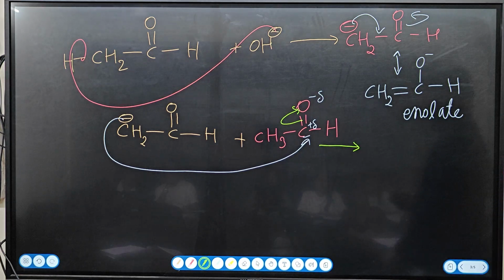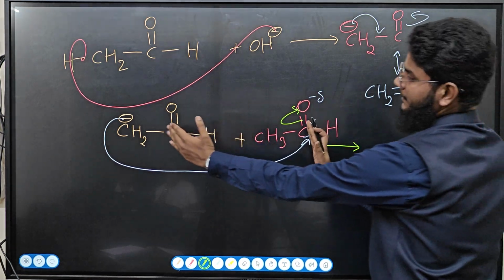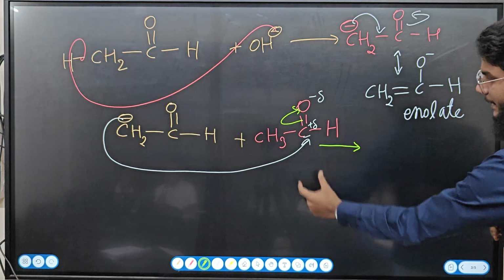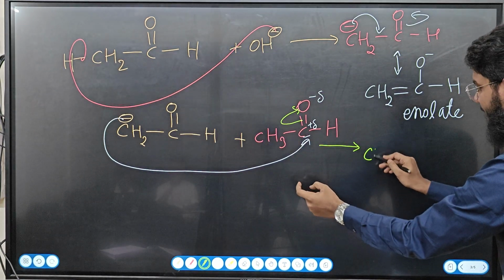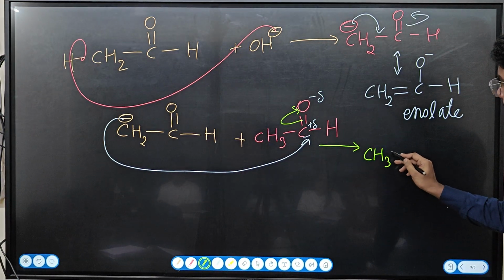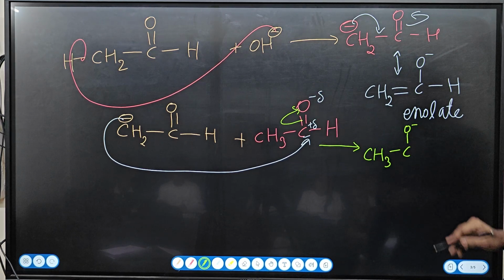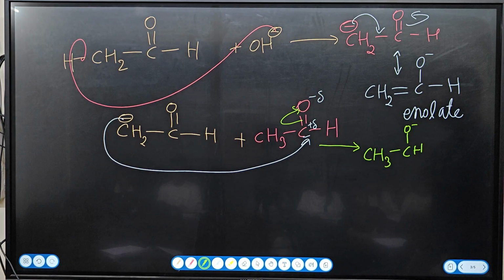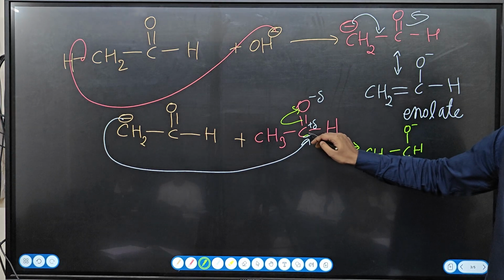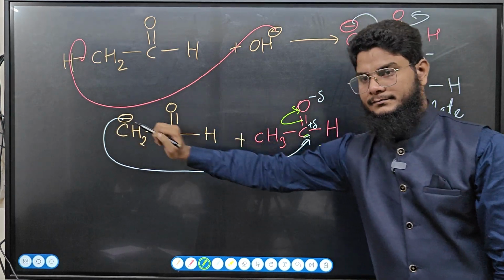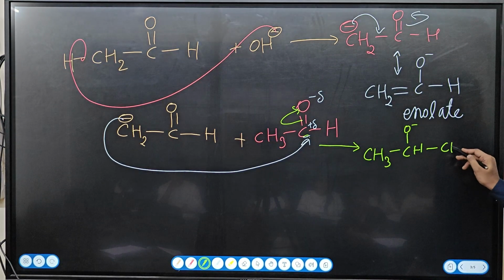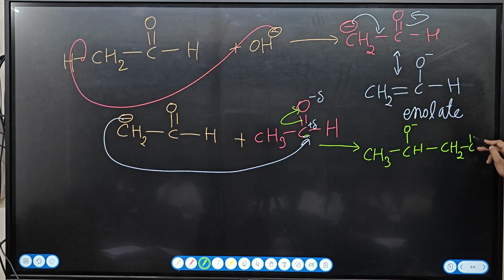Next, now join these two. How to join? First write this molecule. It's very easy: CH3, C and O minus, and you have hydrogen. Next, this carbon is joined with this CH2, COH.